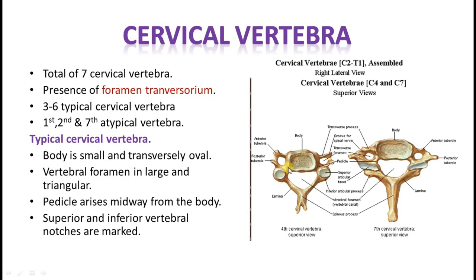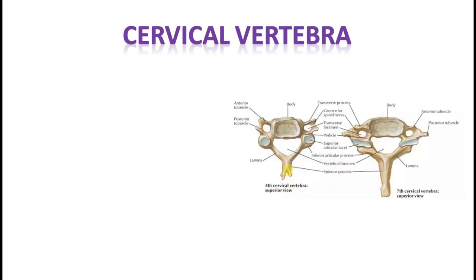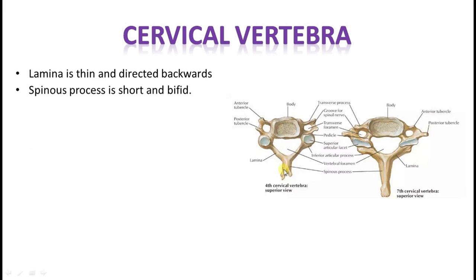You can see a very marked notch superiorly as well as inferiorly, which transmits the corresponding cervical spinal nerves. So the laminae are thin and directed backwards and medially. The two laminae fuse to form the spine, which is a very short spine, and it is a bifid spine.